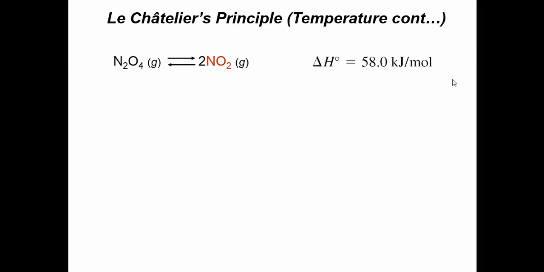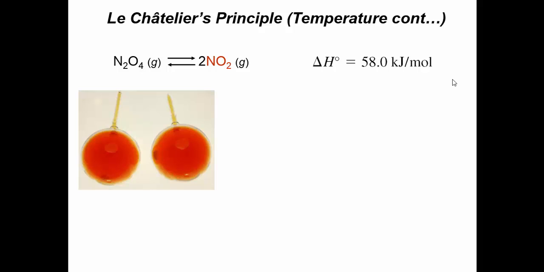Let's continue on this idea. Here's an illustration of how it works. We have on the left N2O4 in a gas vessel, and we have NO2 gas on the right.